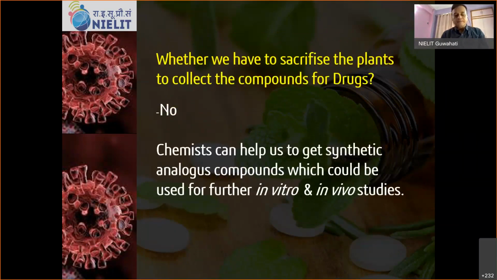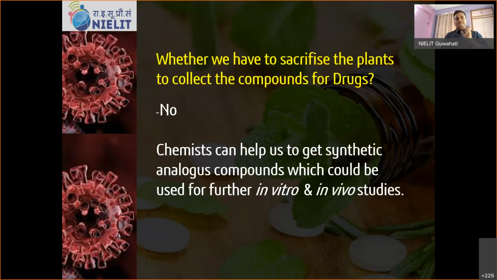Many of you may have a question: will we sacrifice the plants and collect the compounds for drugs? No, definitely not. To identify, yes, we can use a small part of the root, shoot, or leaf of the plant, but after identification of the ligand, we can ask our chemist friends to give a synthetic compound analogous to the compound present in this plant.